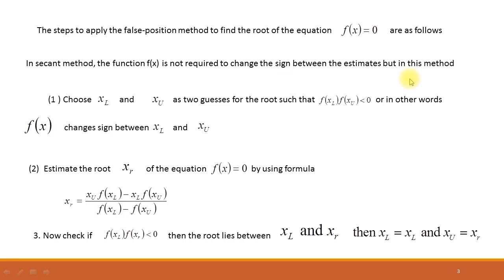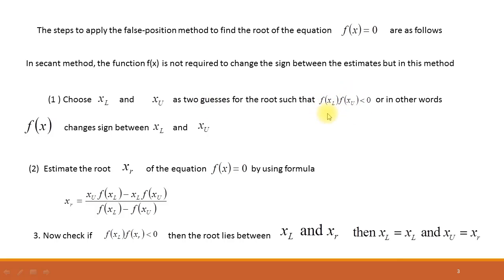But in false position method, suppose we choose two values named x_l and x_u, or two guesses for the root, such that these are the starting two values. In false position method, the function has opposite signs on these two chosen roots.